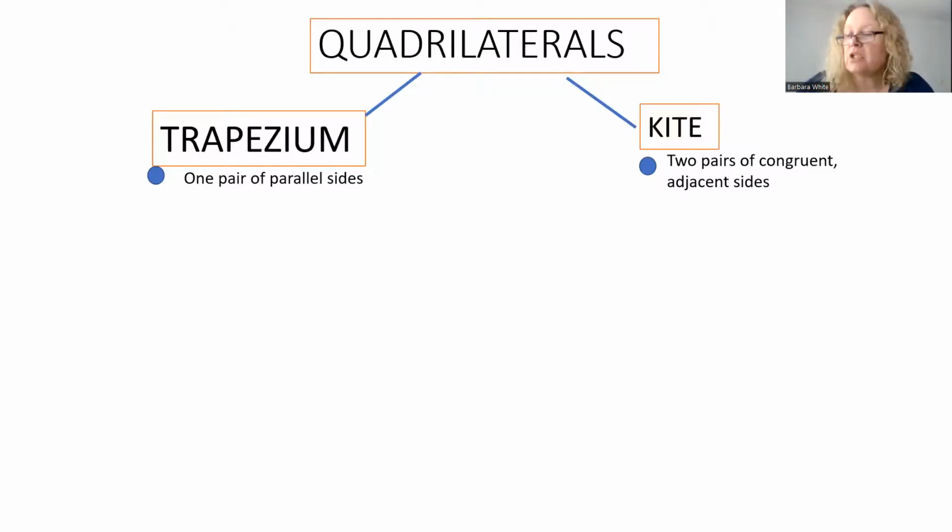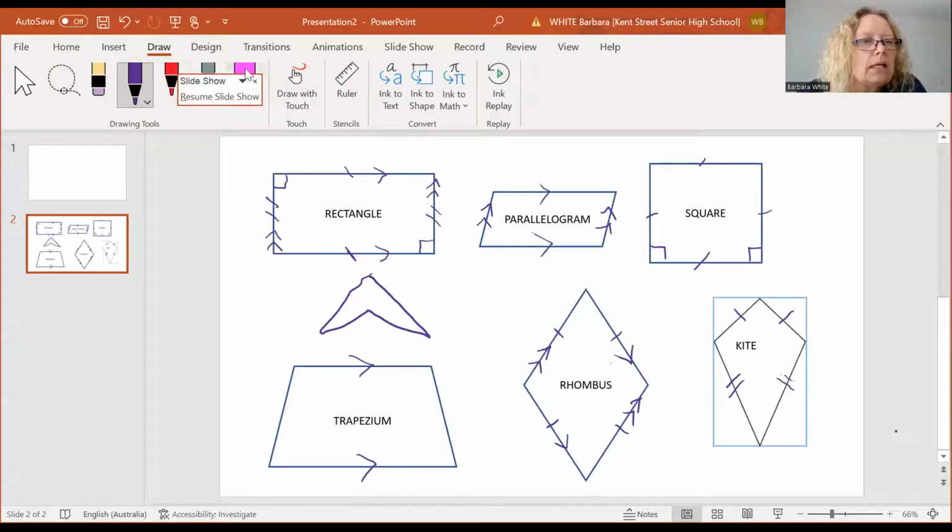Two pairs of congruent adjacent sides, or neither of those. And actually, there's some that can be both as well. So we're going to go back to that page of quadrilaterals, and we're going to sort them into trapeziums, kites, or neither. Stay there. Okay, let's get a highlighter.